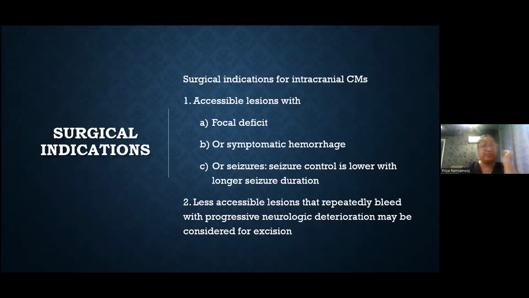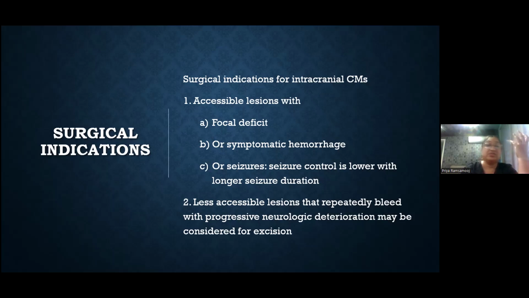And this would obviously apply to places such as the brainstem, right? So if we can get to it and the person has deficits and symptomatic hemorrhages or refractory seizures, then fine, let's go after it. But if it's in a hard location, then the person has to have multiple episodes of bleeding and progressive neurological deterioration before we can consider excision, right?